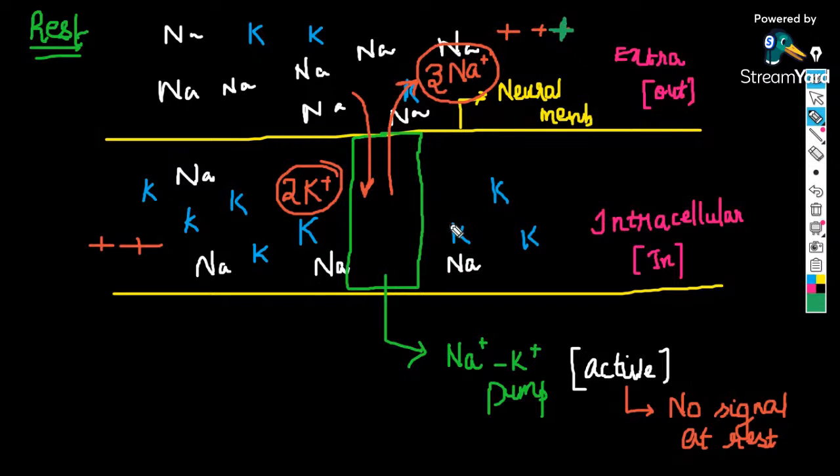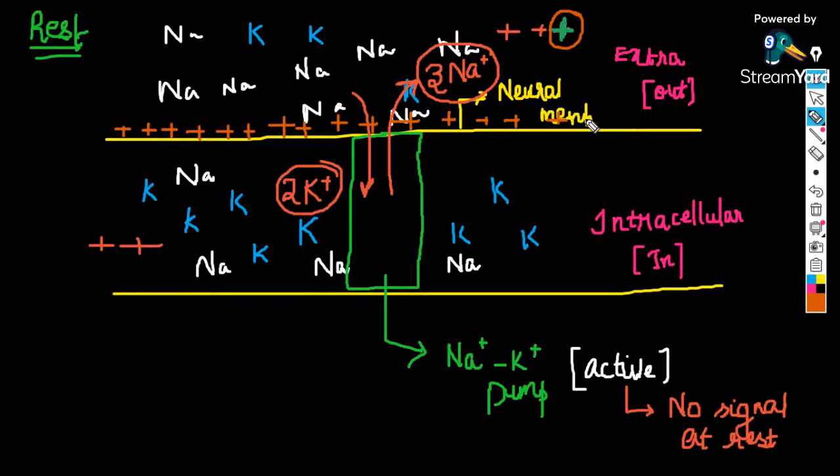Simultaneously, when this process continues to happen, just imagine what will be the condition prevailing over here. This extra bit of positive charge keeps on accumulating outside the neuron, in the extracellular fluid.